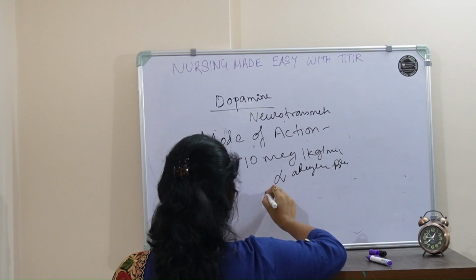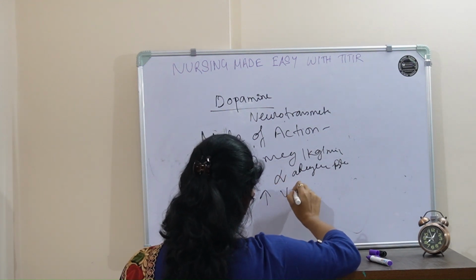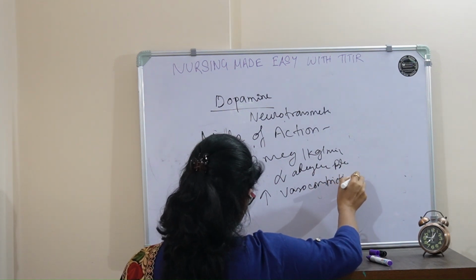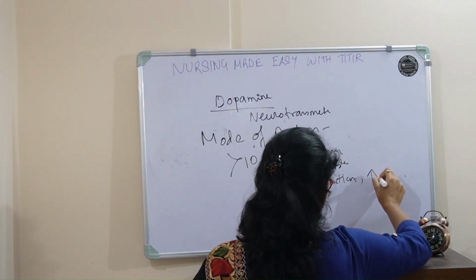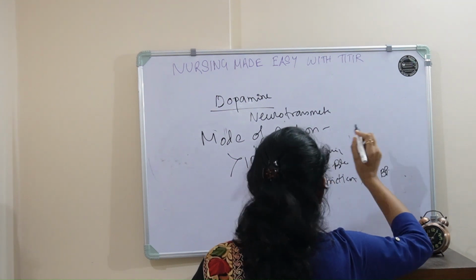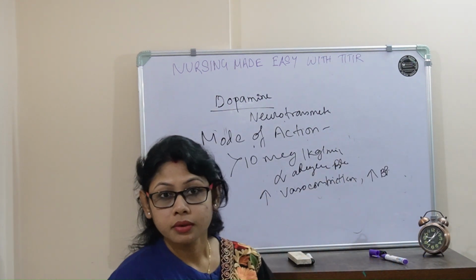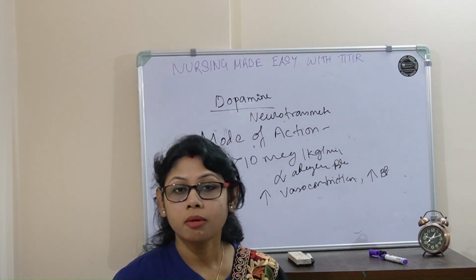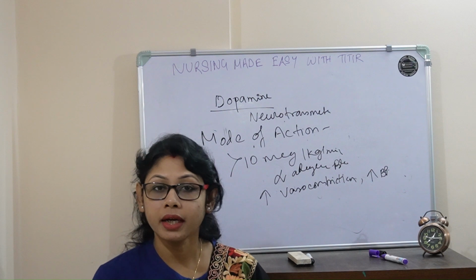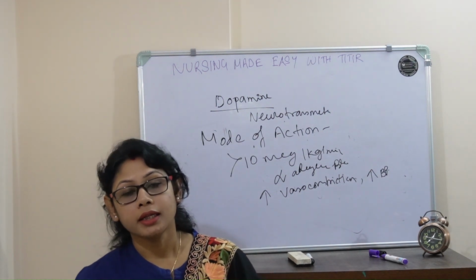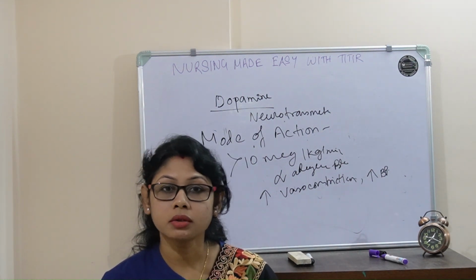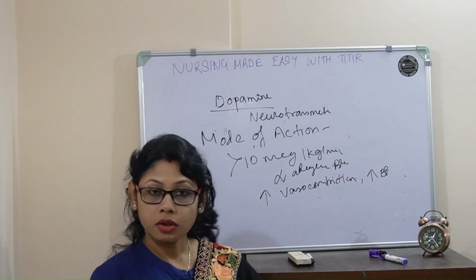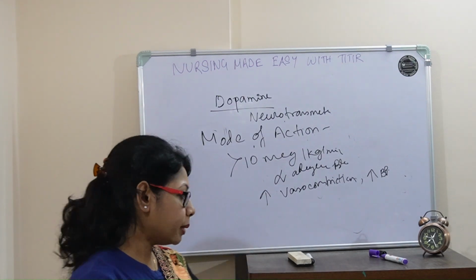It will improve vasoconstriction and improve the blood pressure also. So now we see the mild dose will improve renal perfusion, the moderate dose will increase the heart rate and myocardial contractility, and the high dose, more than 10 mcg per kg, will improve vasoconstriction. That's how it will improve the BP.